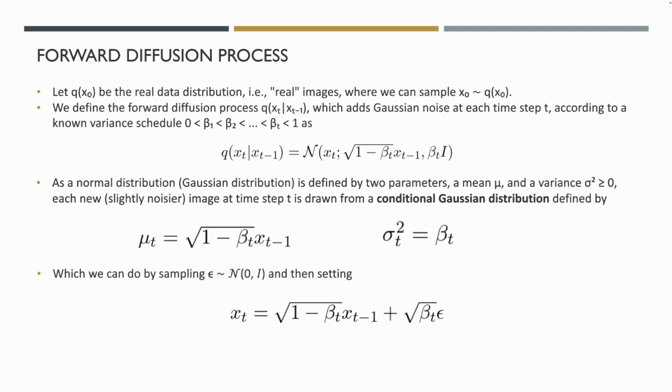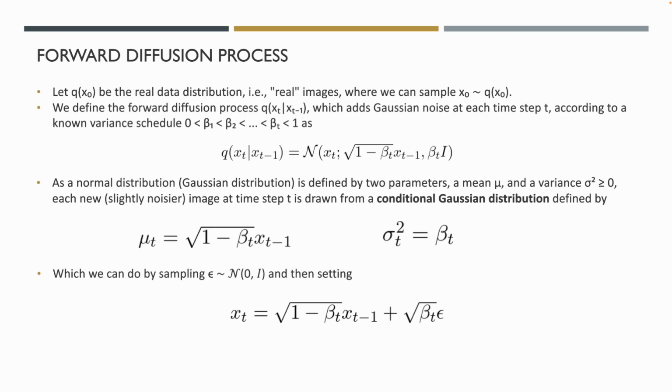More mathematically speaking, let q(x0) be the real data distribution, so the real images from which we can sample. And we define the forward diffusion process q(xt | xt-1), which adds Gaussian noise at each time step t, according to a known variance schedule. This is defined by a Gaussian distribution, as a normal Gaussian distribution is defined by two parameters, the mean mu and the variance sigma squared.